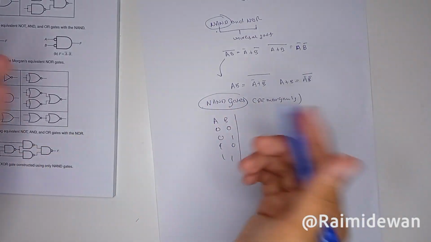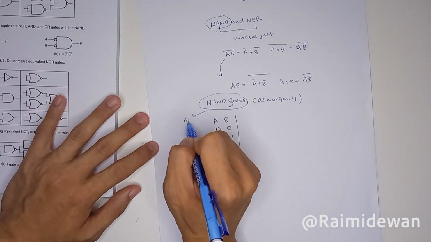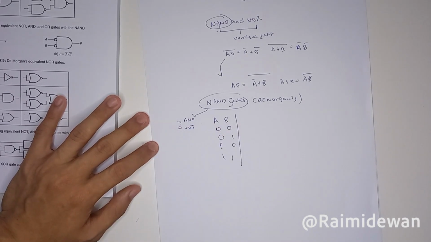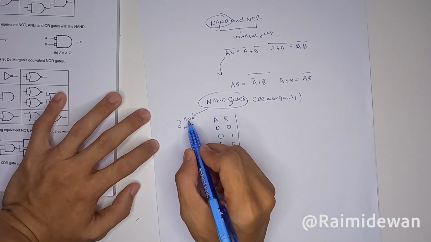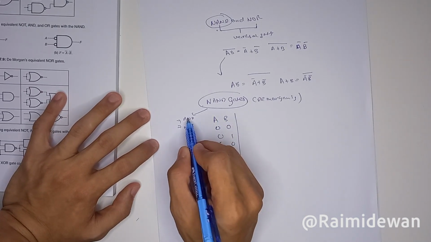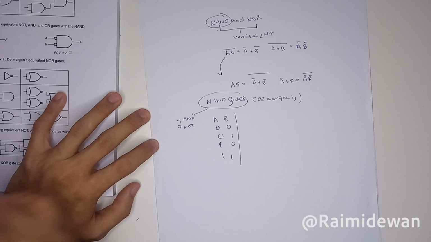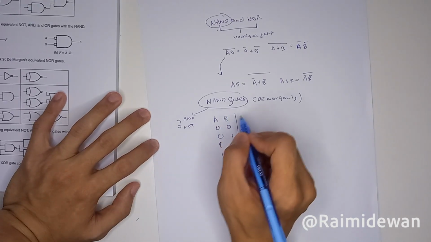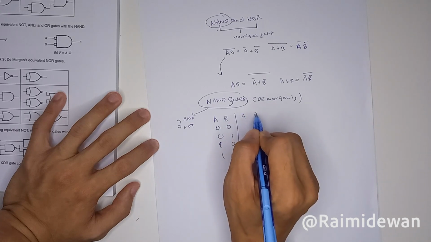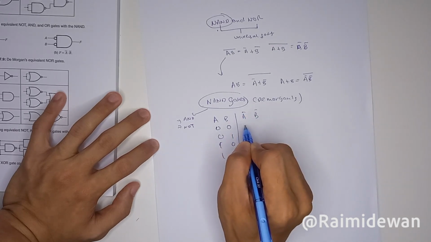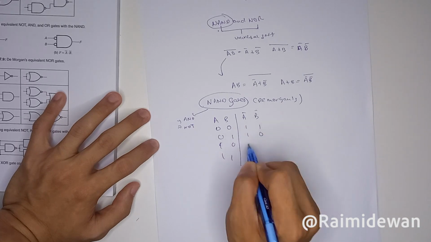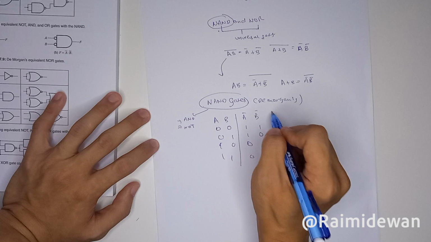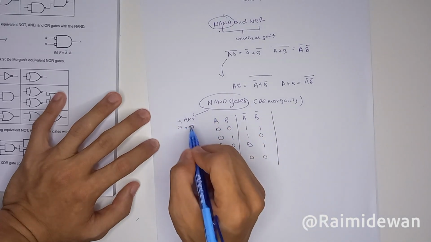NAND is actually AND first, and after that you have NOT. Let's say this is your possible input, and then you consider the inverted values of them. And then you see it is an AND and NOT, right?